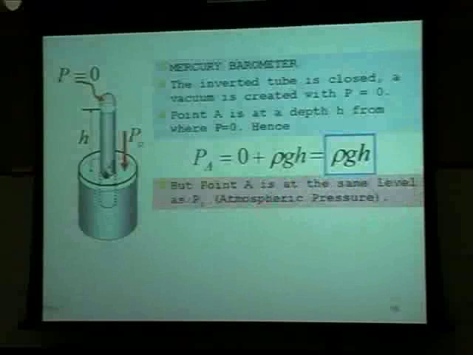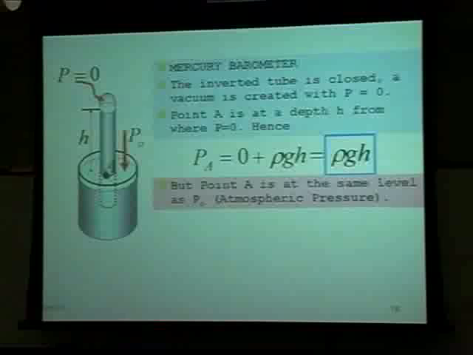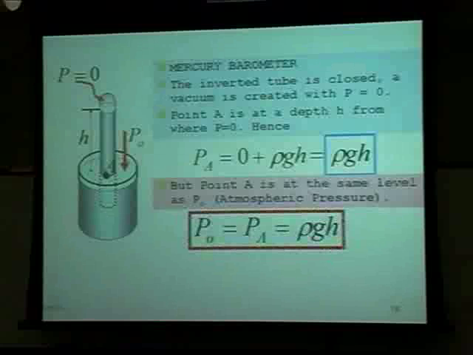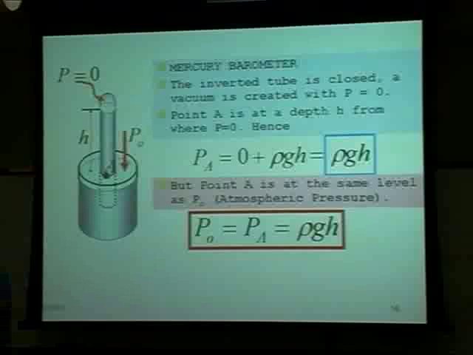But the pressure at point A is atmospheric pressure because we're on the same level. So atmospheric pressure is equal to rho gh. Rho being the density of mercury, g being 9.8, h being the height of that column. The density of mercury is constant, g is constant, 9.8.